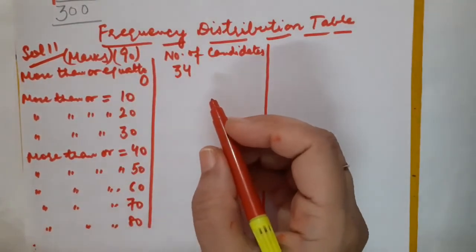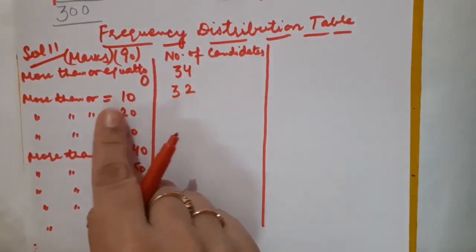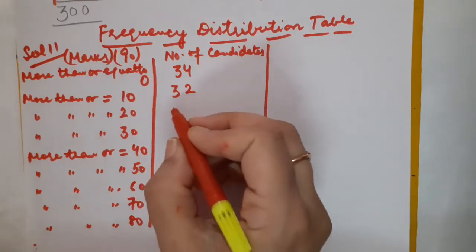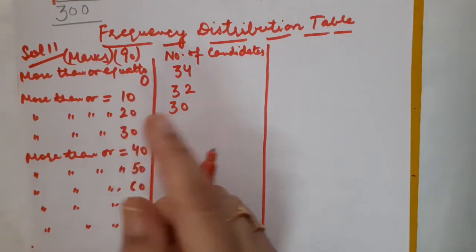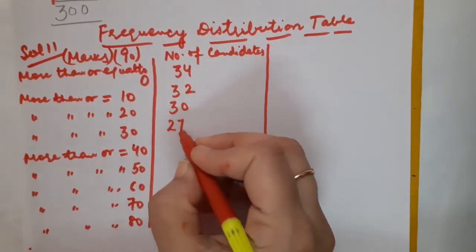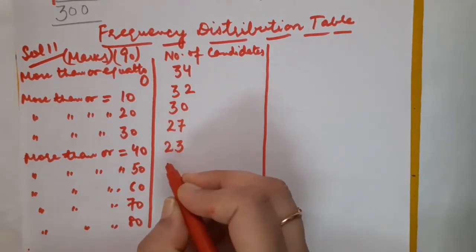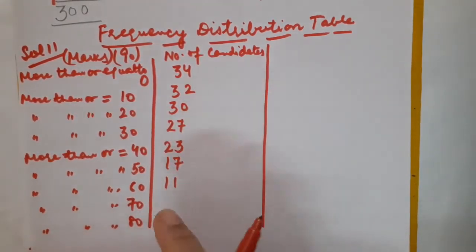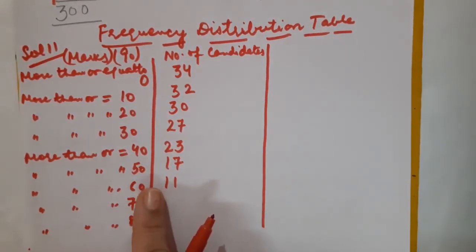Correct? And 32 candidates are there who are getting marks either equal to 10 or more than 10. Then there are 30 candidates who are getting marks either equal to 20 or more than that. Then 27, then 23, 17, 11. Eleven candidates are there who get marks either equal to 60 or more than that.